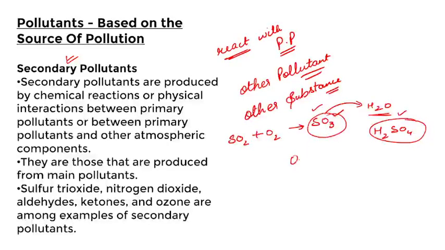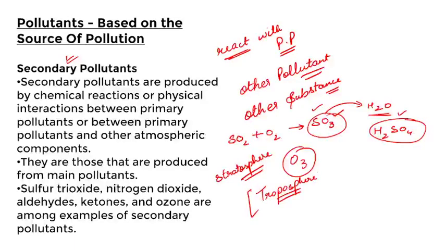Even your ozone in the stratosphere is beneficial for us because it stops ultraviolet rays from entering into our environment. But this ozone, when it is present in the lower troposphere, it is a pollutant, all right, which causes global warming.